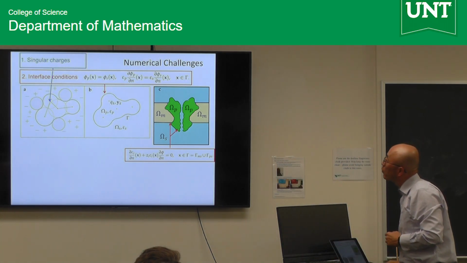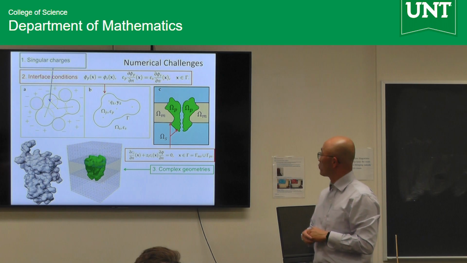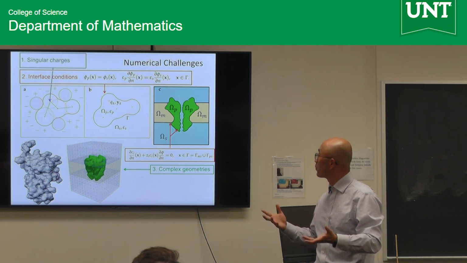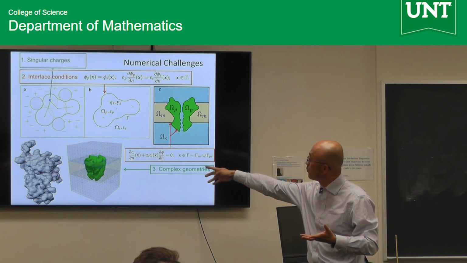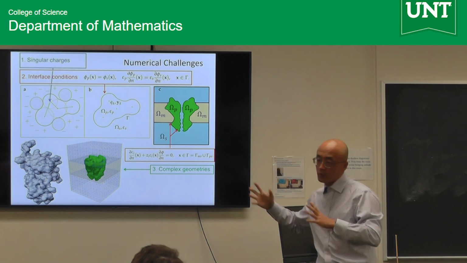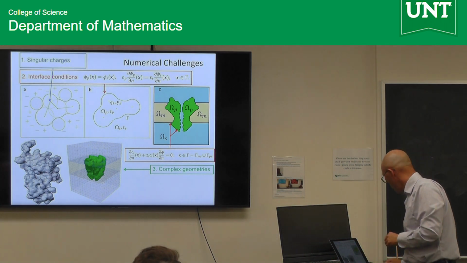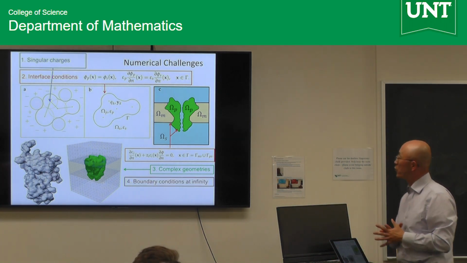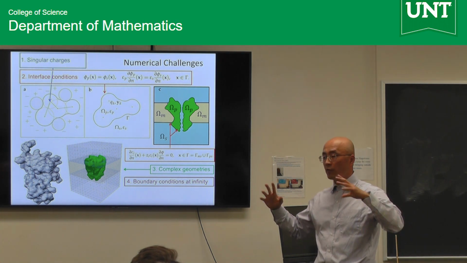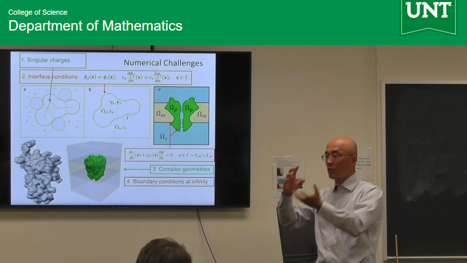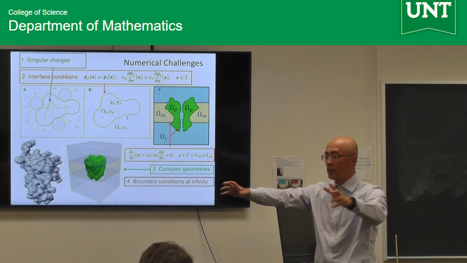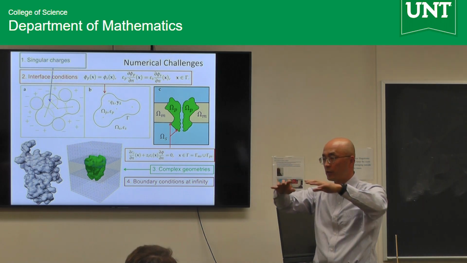And also we have complex geometry, because our target is the protein, which is very complicated, with a three-dimensional structure like this. So how do we characterize this complex geometry? And also the boundary condition at infinity. We don't actually have a box, because when you have this protein solvated in water, you are thinking of the water as infinite.